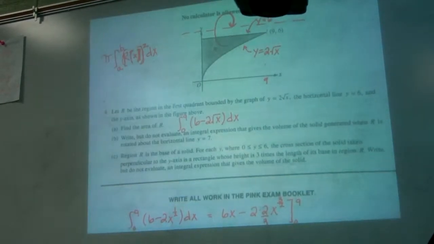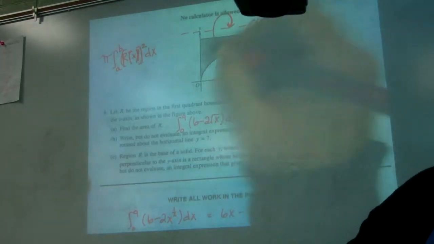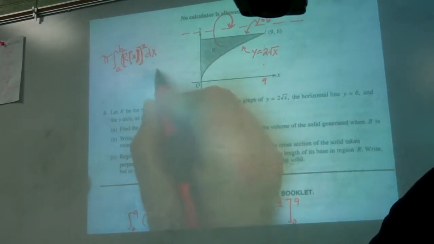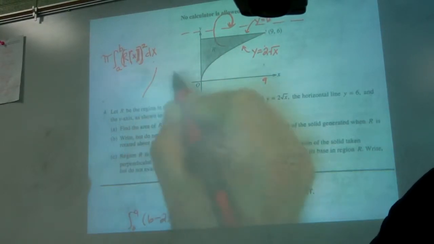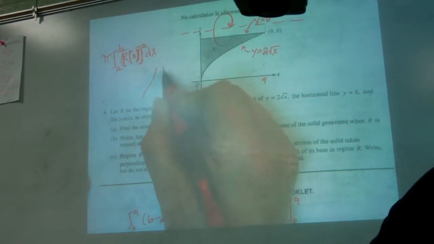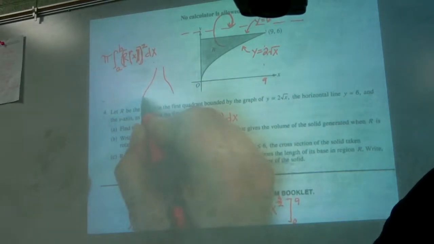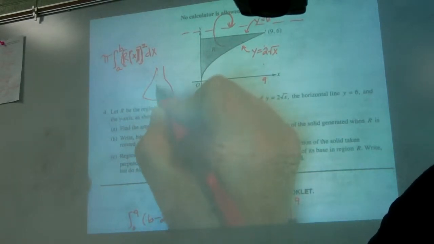There's actually two radiuses, and so when we slice this shape, I try to imagine what it would look like here. It's got this hole in the middle.